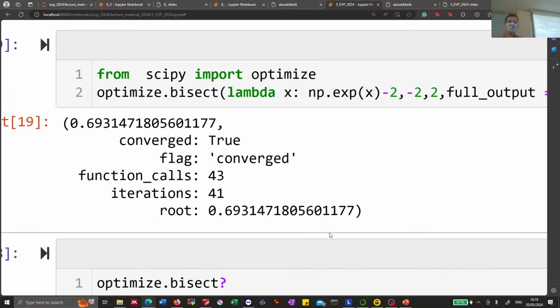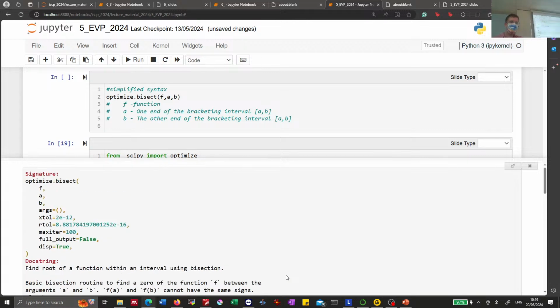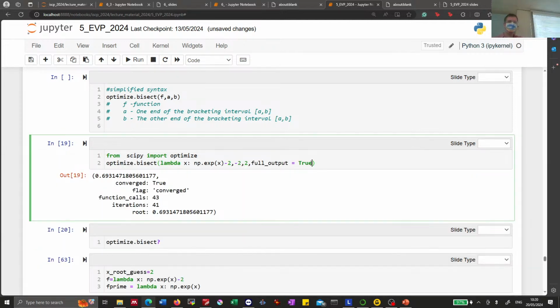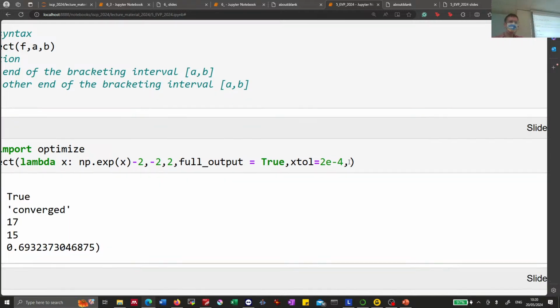Let's study a little bit more how this function is actually operating, because we should be able to set a tolerance. Very good. So the tolerance is here given to be 2 times 10 to the power of minus 12. Let's put it minus 4 like we had recently, right?